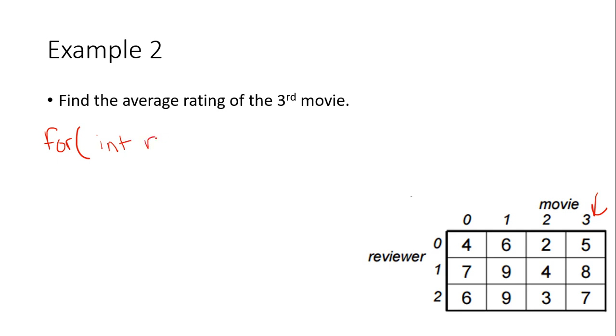So I'm going to set int r equals 0. And since I'm changing rows, remember guys, this is an array with arrays inside. So that means I need to be less than rating dot length, because this is code word for number of rows.